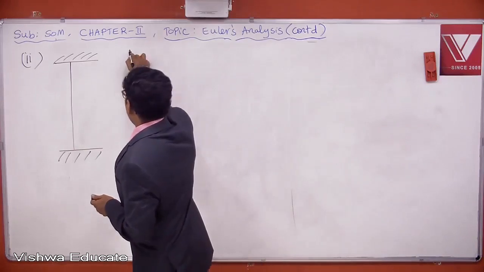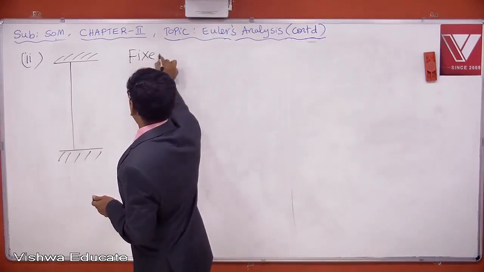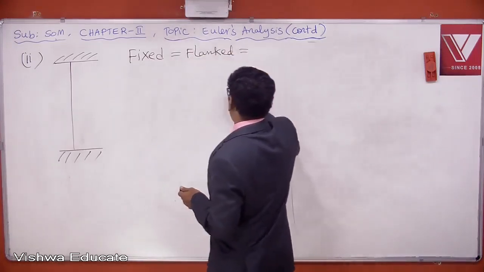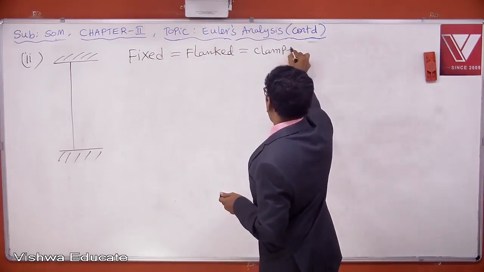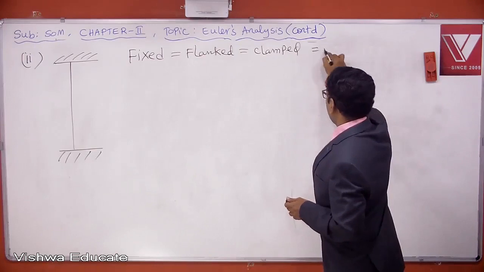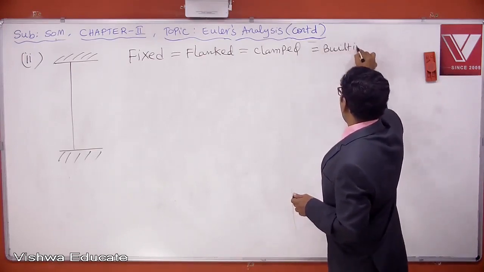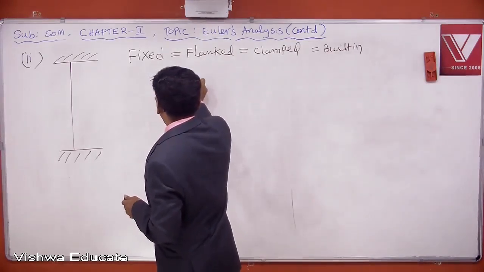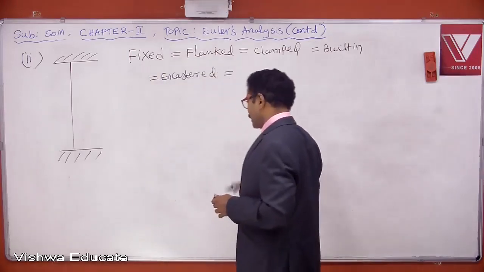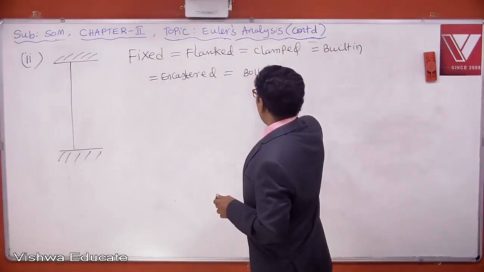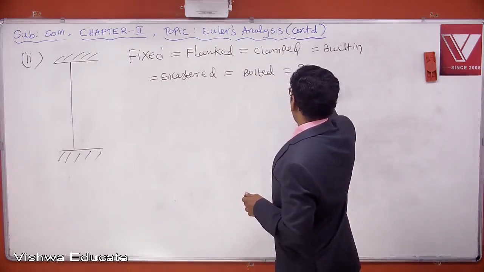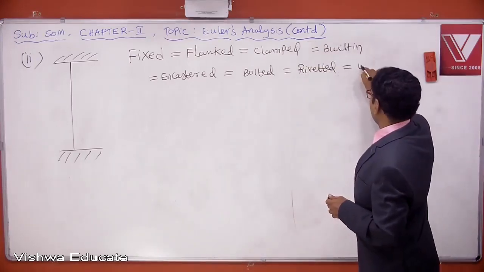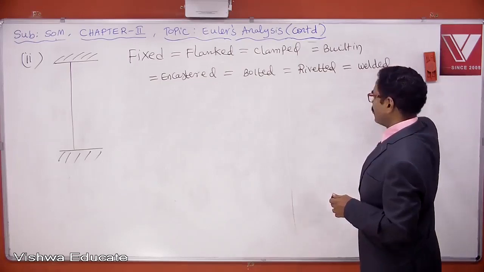In the GATE exam, they can use different terms. Fixed is the same as flanked, clamped, Bolton, encastered, bolted, riveted, or welded.